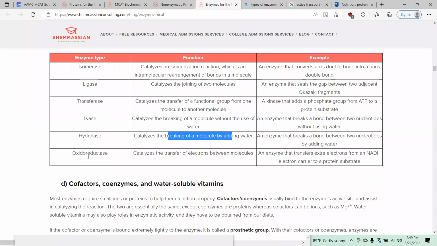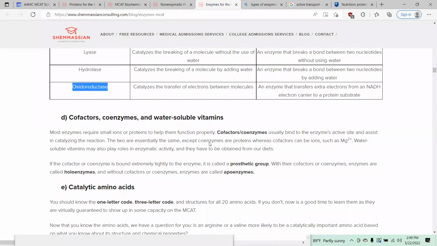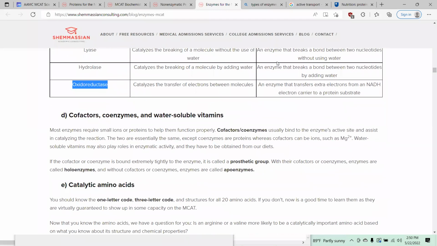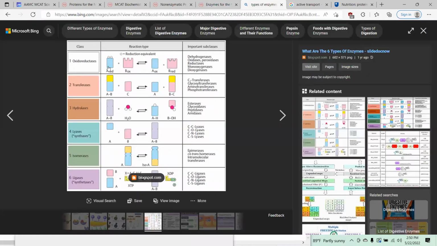And the last one is oxidoreductase. This is a big one. This involves oxidation reduction reactions, which we'll talk about more in depth when we get to chemistry. That's basically where these little things are electrons, right? And you're moving the electrons from one compound to another compound. So something is being reduced and something is being oxidized.